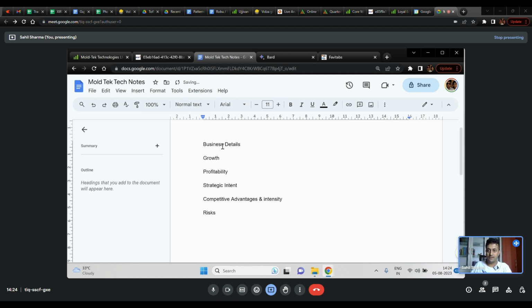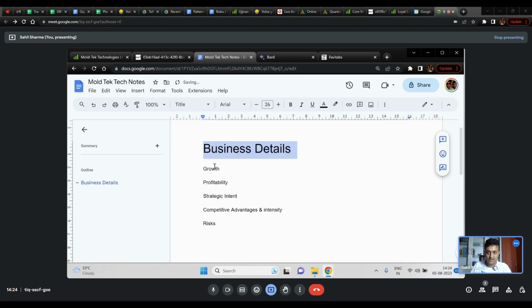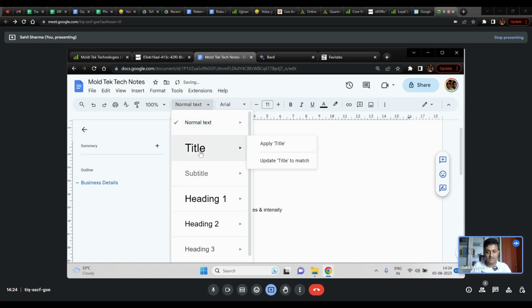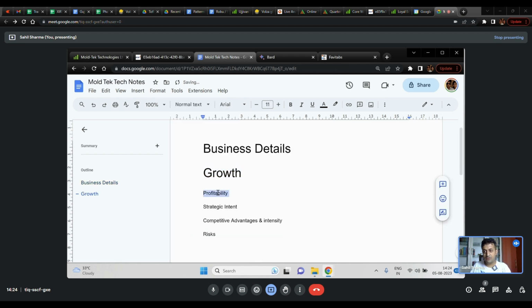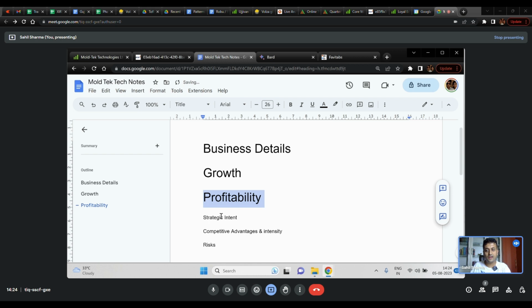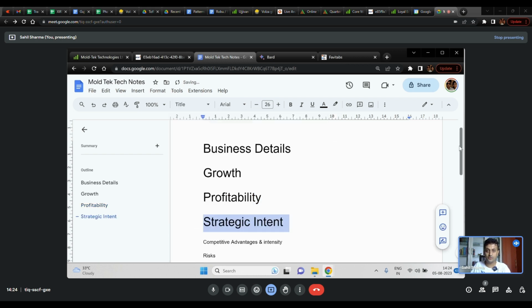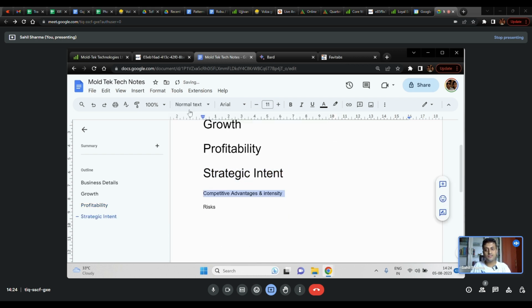I think all of these are sort of self-explanatory, but essentially the reason something like business details is important is that these can be the granular details of the business, which you can't otherwise categorize into growth, profitability. They are just details of the business.